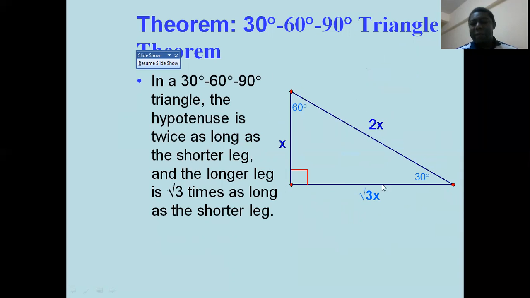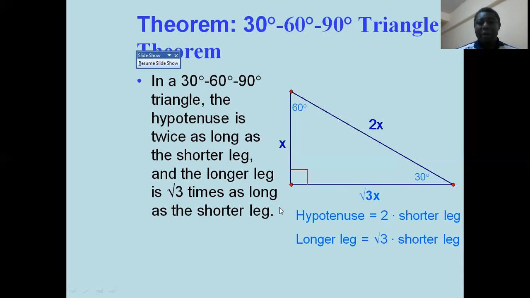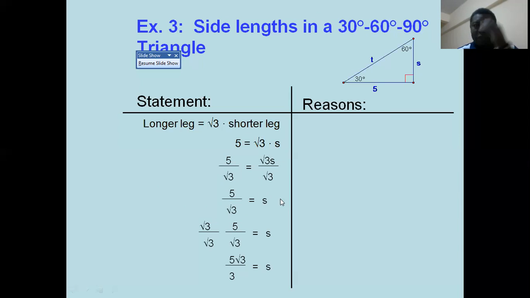And the medium leg is going to be square root of 3 times the length of the shortest leg. In our example it was 5, so 5 was equal to square root of 3 times x. So that's how we came about solving this example using the formula in the special triangle.